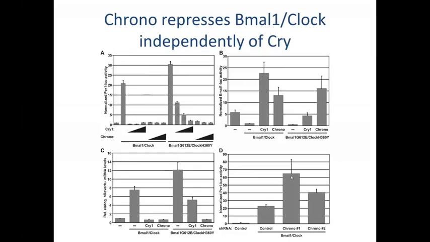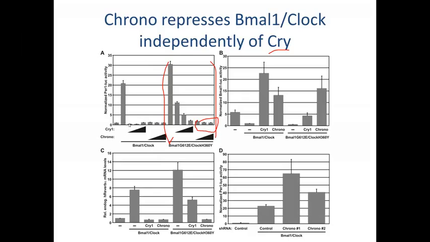Subsequently, we've learned that Chrono is interacting with BMAL and CLOCK independently of the interaction surfaces in which the CRY repressors are interacting with them. So here you can see a version we've evolved of CLOCK and BMAL1 that have point mutations that render them relatively insensitive to CRY1, and Chrono is still capable of repressing their functional activity as strongly as it does the wild type form.